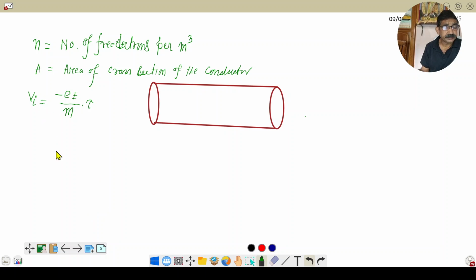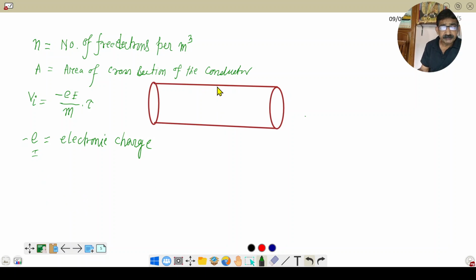Okay. This is also a vector quantity. e is equal to electronic charge, minus e is equal to electronic charge.